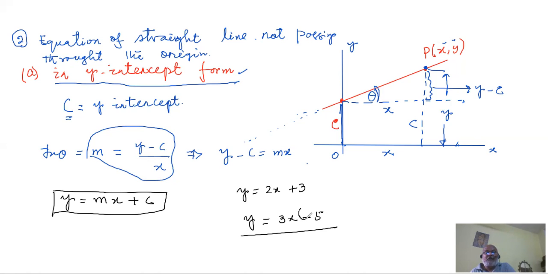Here, in place of C, we got minus 5. Minus 5 means y-intercept is negative. The line is cutting the y-axis below the origin at a distance 5 below. So y-intercept can be positive, y-intercept can be negative, doesn't matter. So basically the general form is y equal to mx plus or minus C.